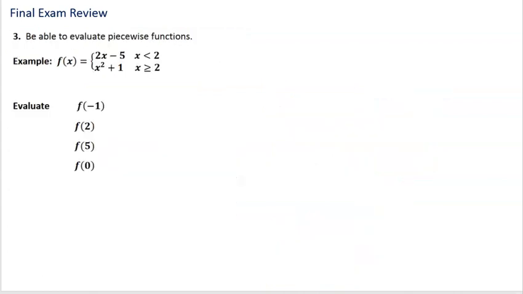For problem 3, we have a piecewise function and we're asked to evaluate a bunch of values. The thing is, when you have a piecewise function, only certain x's can go in certain parts of the functions. Here it says my x's must be less than 2. So I only use the top equation when x is less than 2.